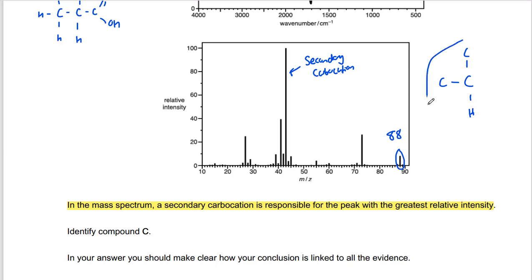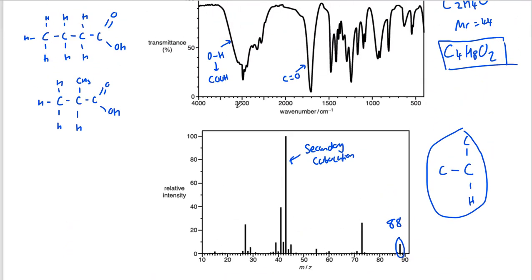So we're looking for this sort of group. This group must exist in the compound. And of course, it must be bonded to something else that's also a carbon, but it obviously breaks there. So the fragment essentially has to look like that in the circle bit.